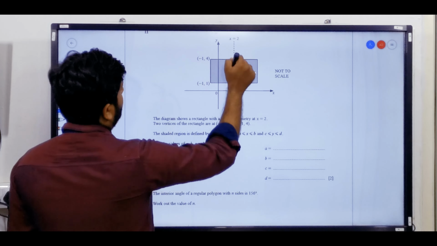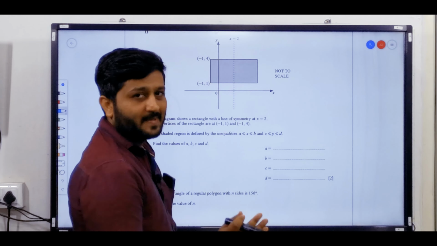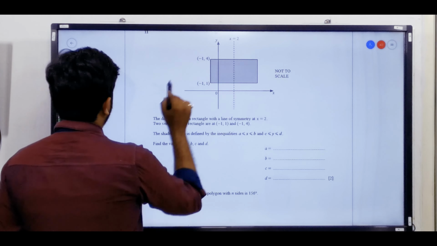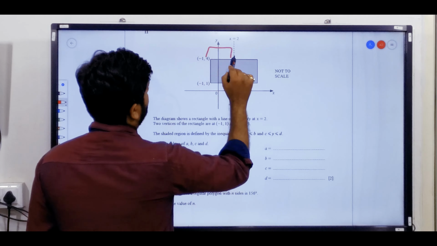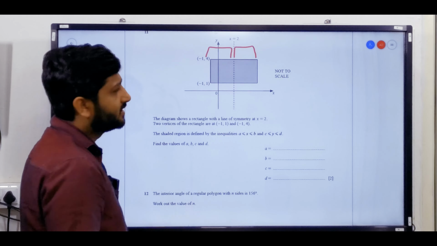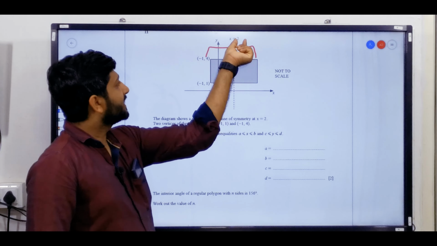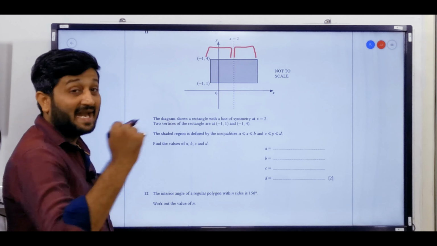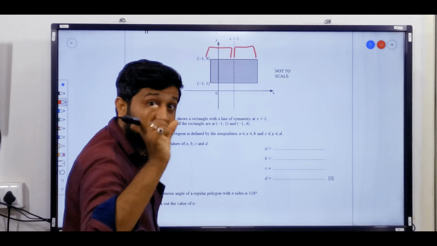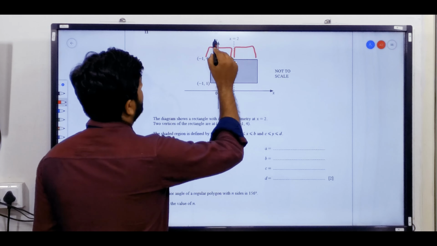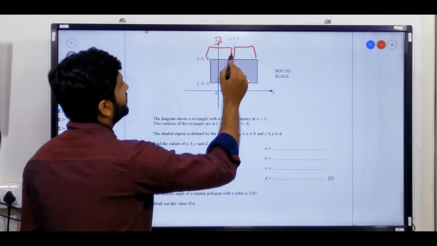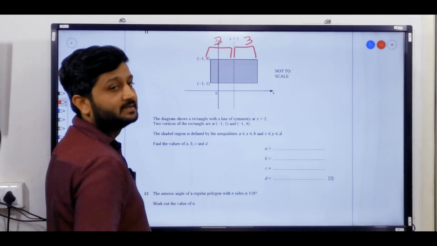Here, let's say x equals 2 is my line of symmetry. So this distance should be equal to this distance, obviously. The difference here is, here x is 2, here x is minus 1. So the net difference is 3. So here also my net difference should be 3.